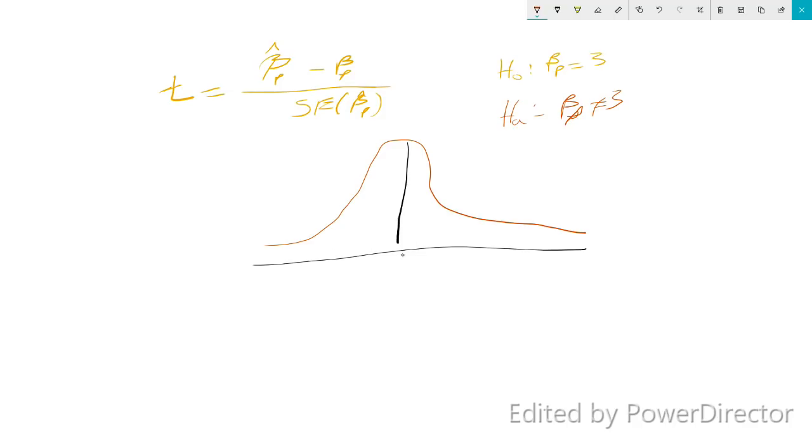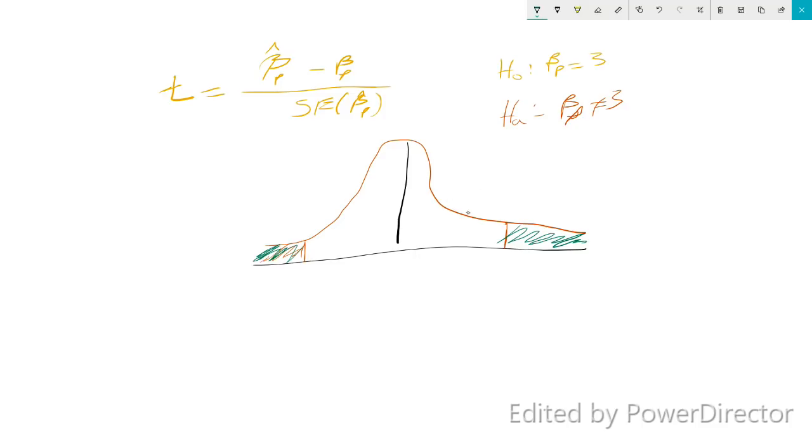So if the coefficient, our beta hat, or the t-test, this t, which is a shifting and somehow scaling, turns out to be somewhere between a certain confidence. So let's say we're going to be creating this confidence, and if our t-test value turns out to be in this region or that region, we reject the null hypothesis in favor of the alternative.